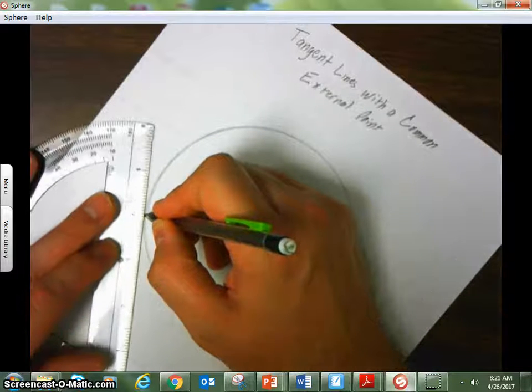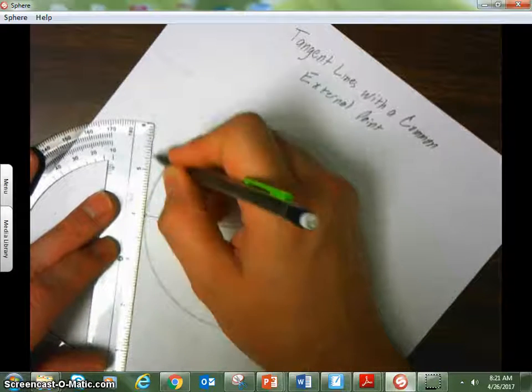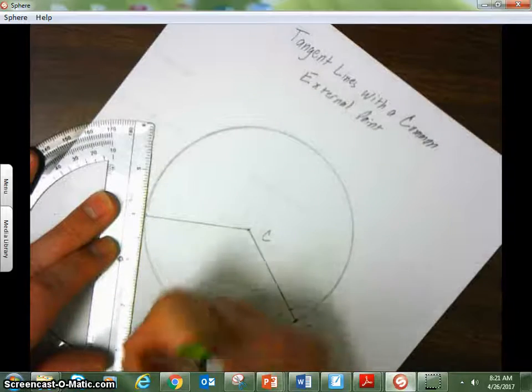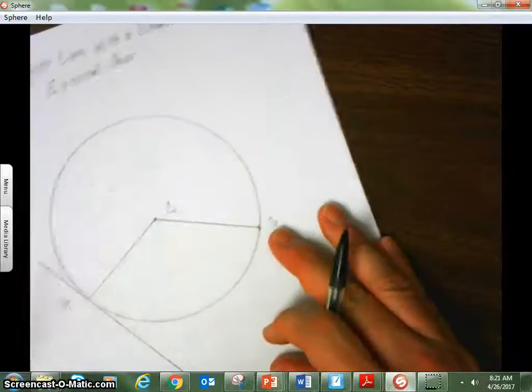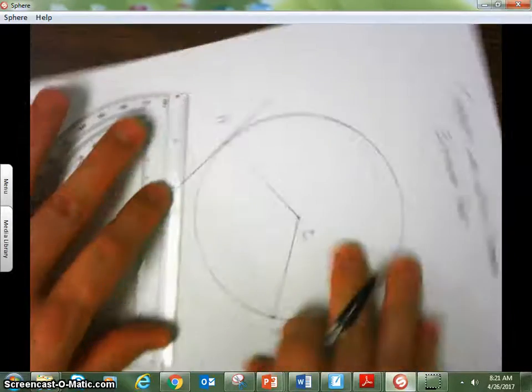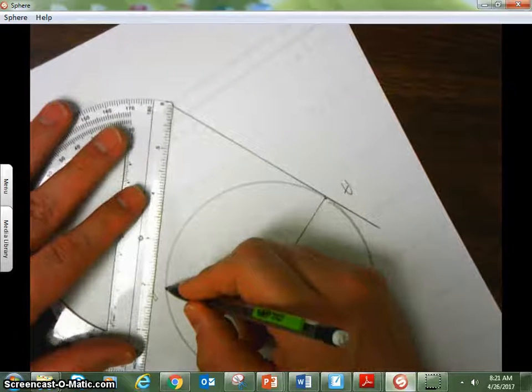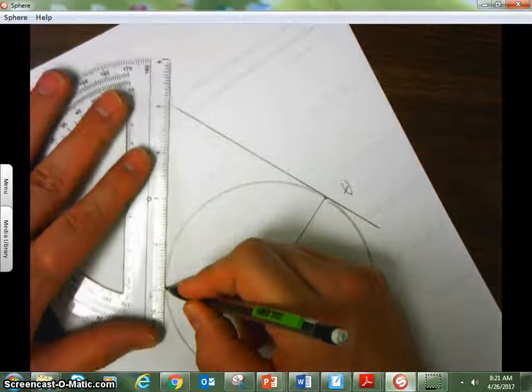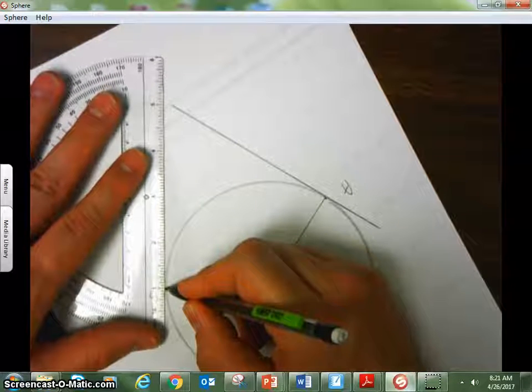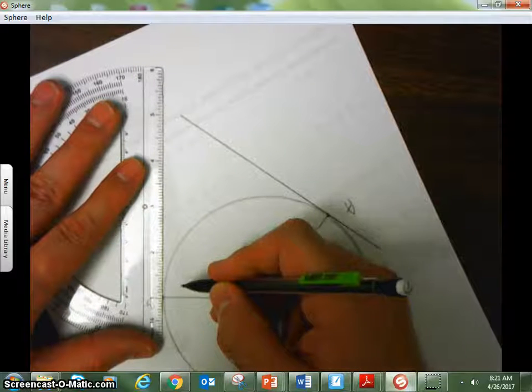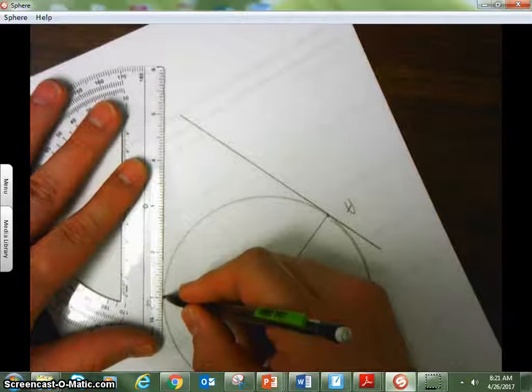Let me move it down just a bit. And we see that. And let's do this one here the same way, make it tangent. There we go.